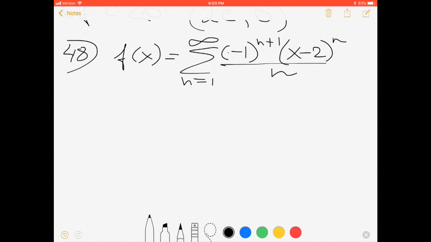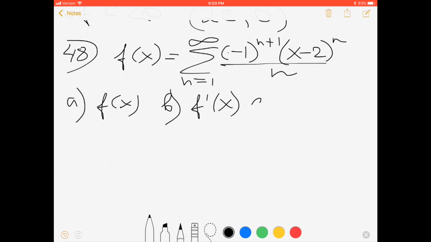And here we need to find the interval of convergence for question A, for the function f(x), question B for the first derivative, C for the second derivative, and D for the antiderivative.